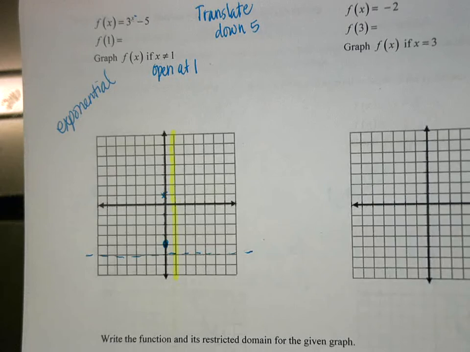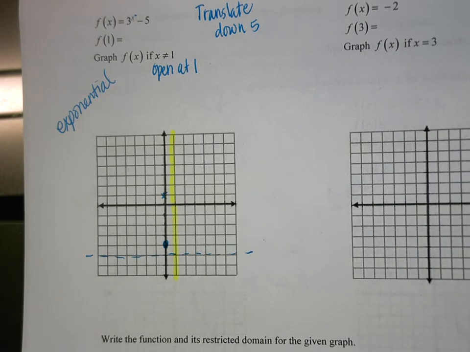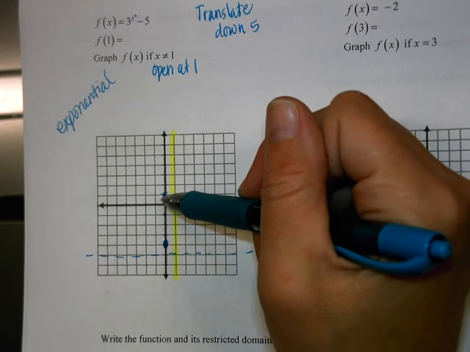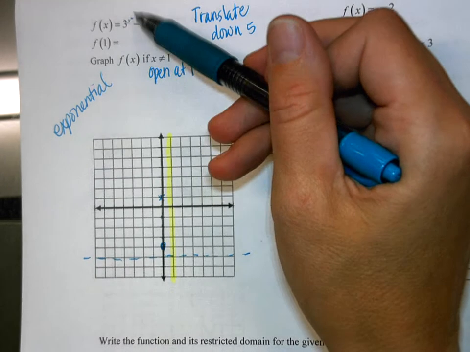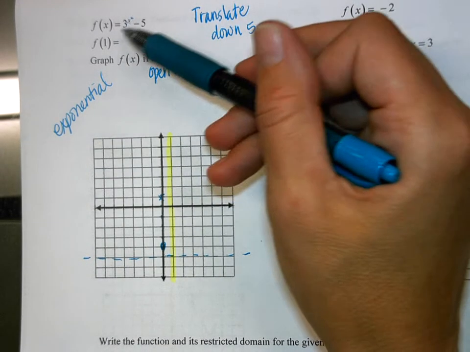So if you plug in 0 right now, you would get an answer of -5. Wait, no, you get -4, sorry. Because you're starting at 0, 1, right? And so if you plug in 0, 3 to the 0 is 1, and 1 minus 5 equals -4.